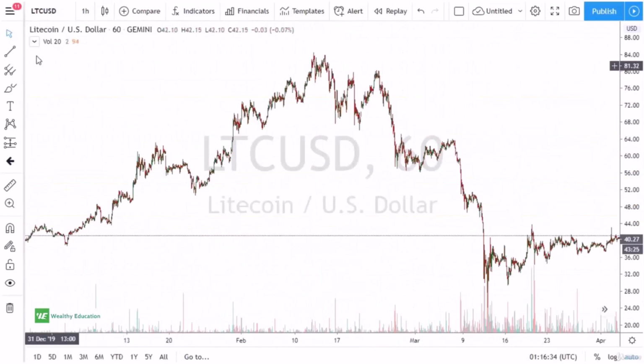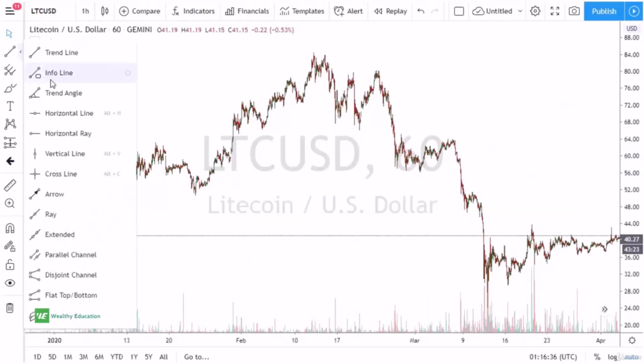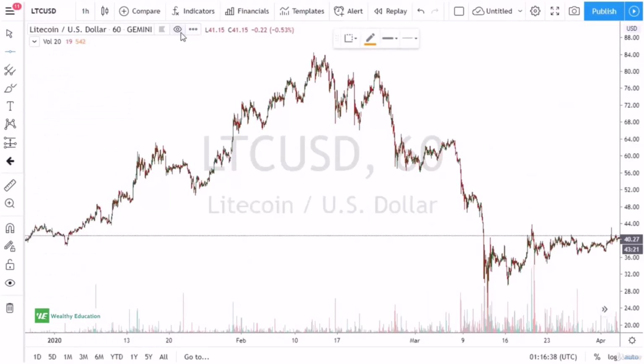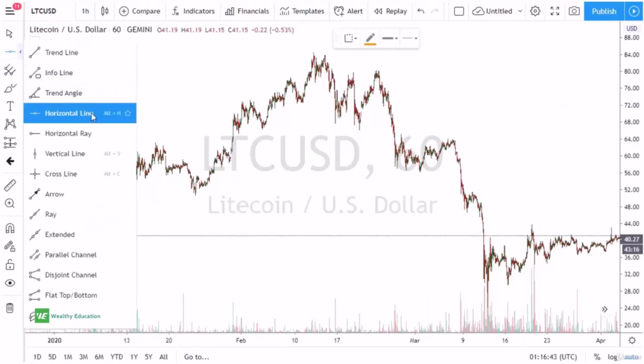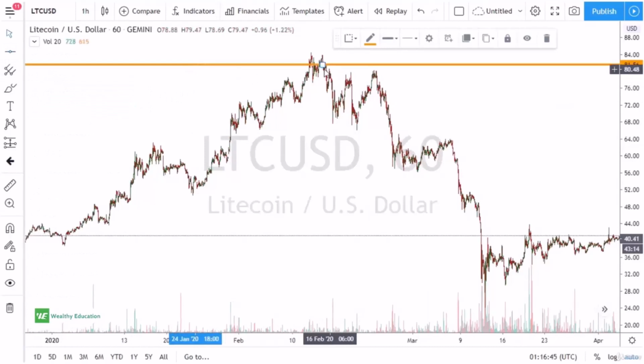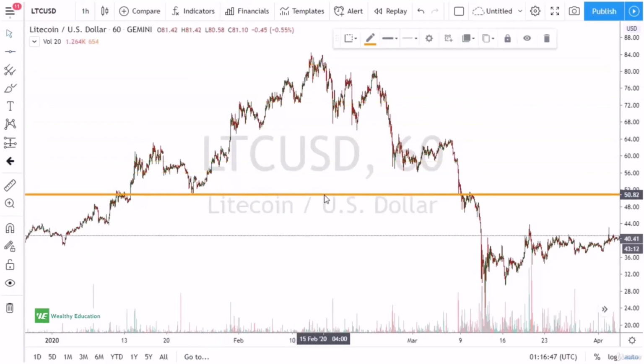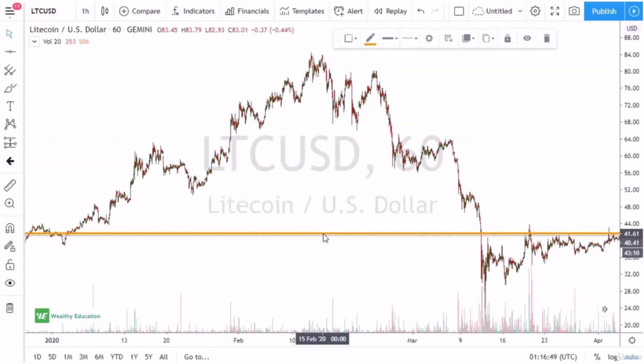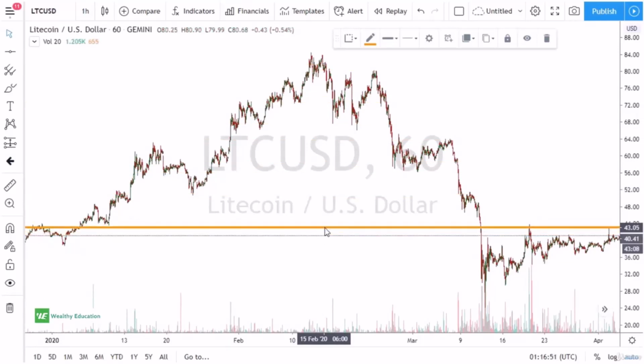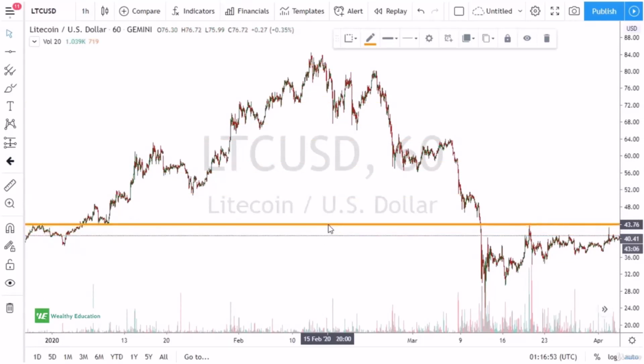So, like I said, a lot of times they will tend to appear near a large round number. So you can click on a horizontal line tool, and you can drag this bubble until you find several places where price either does or doesn't go above or doesn't go below.